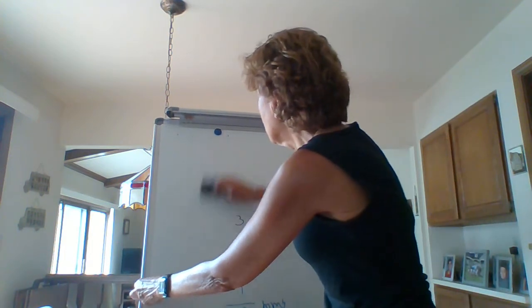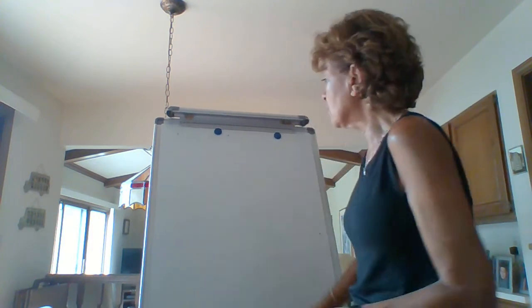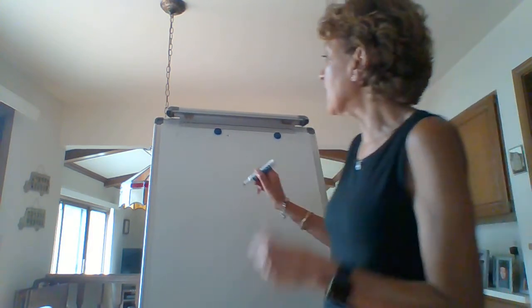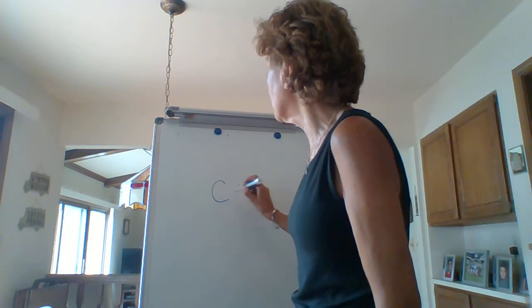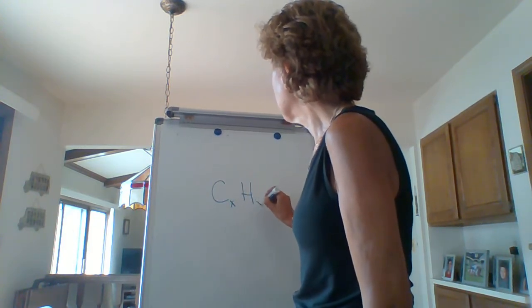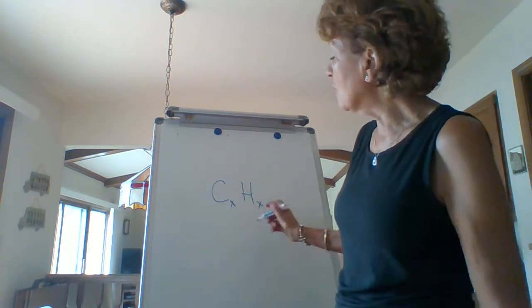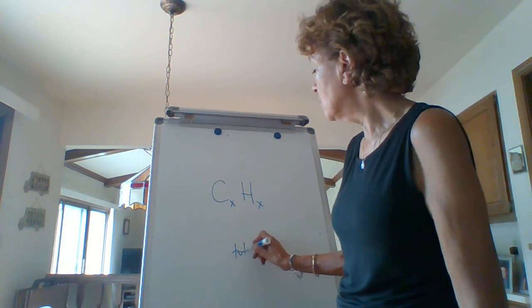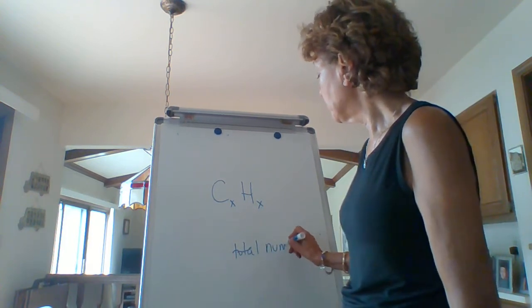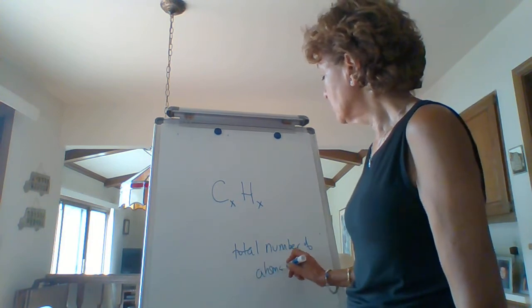One other little thing, and then we'll be all set with the first chapter here. Let's say I have something like this, and I tell you that the total number of atoms is equal to 12.